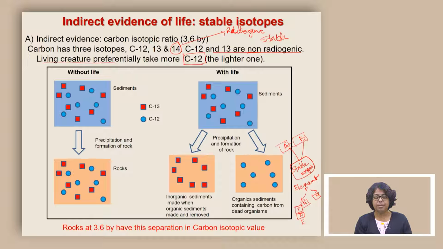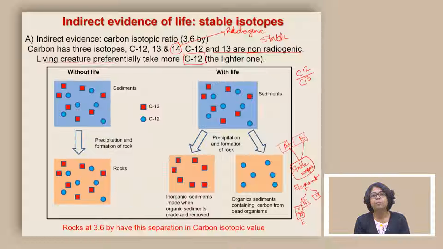So, let us take an example. Let us say we are measuring the C12 and C13 ratio of the atmosphere, and it has some specific ratio, and the plants are taking atmospheric material into their body when they are absorbing carbon dioxide from the atmosphere.